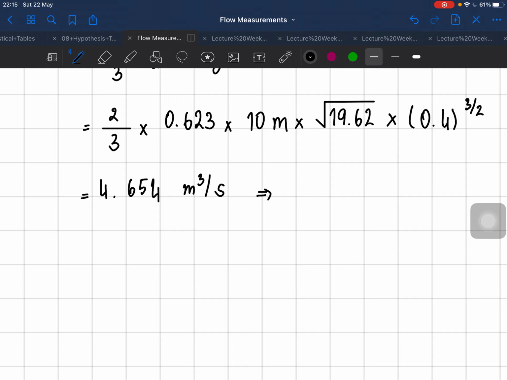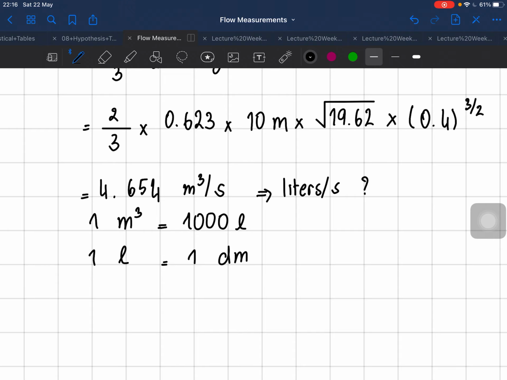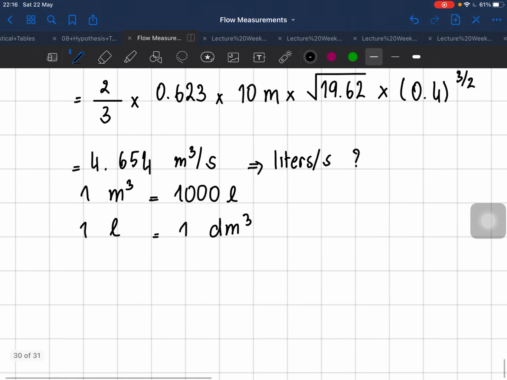Okay, so they're asking for liters per second. So 1 meter cube has 1,000 liters. 1 liter equals 1 decimeter cube.